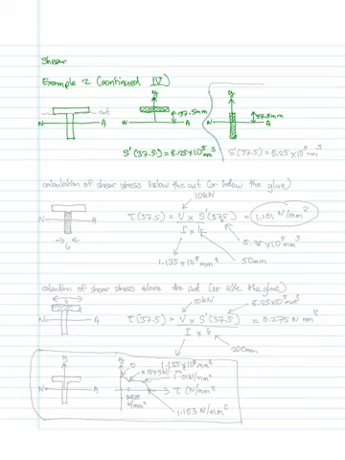In the second way, using the bottom half underneath the cut, above the cut and below the cut, we also worked out a value of 6.25 times 10 to the 5 millimeters cubed. So no surprise that the two values should be the same.